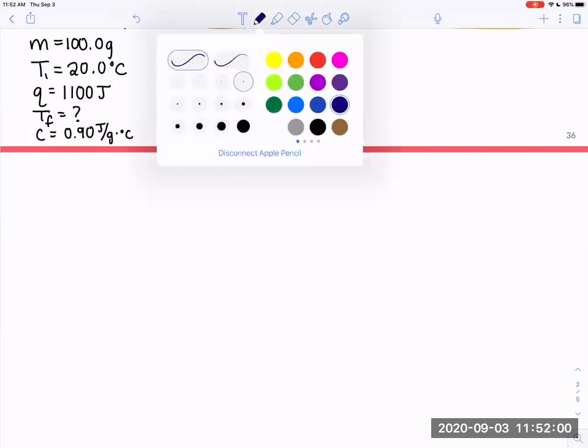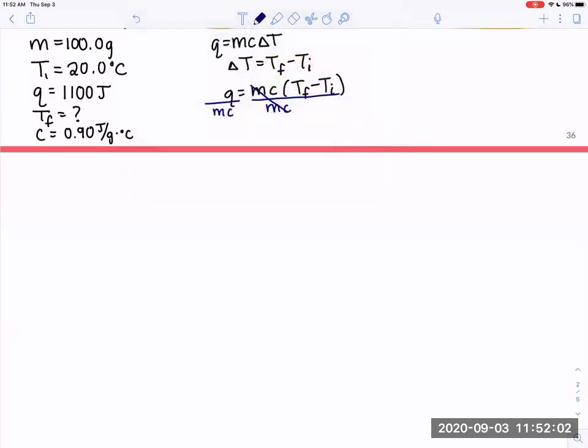Okay, so once I do that, I'm going to get Q over MC is equal to TF minus TI. So now I can isolate this TF term by adding TI to both sides. That will get rid of this term, and I will have TF equal to Q over MC plus TI.